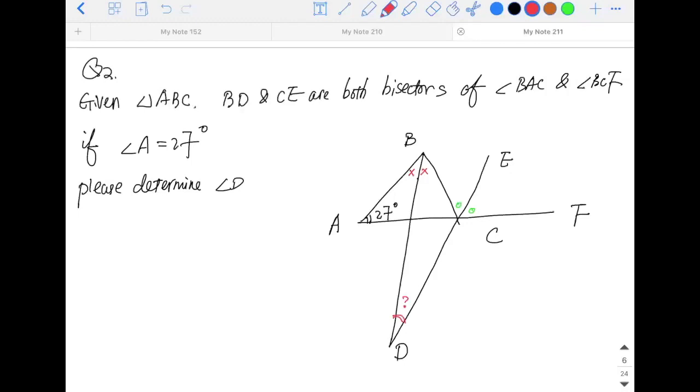Think about it. I'll give you guys maybe 30 seconds. Try to think about how you're going to do such a problem. These are all easy problems. Our lecture number 1, the triangle basic properties, are all easy problems, so you should be able to solve this by yourself. Okay, let's check it out.